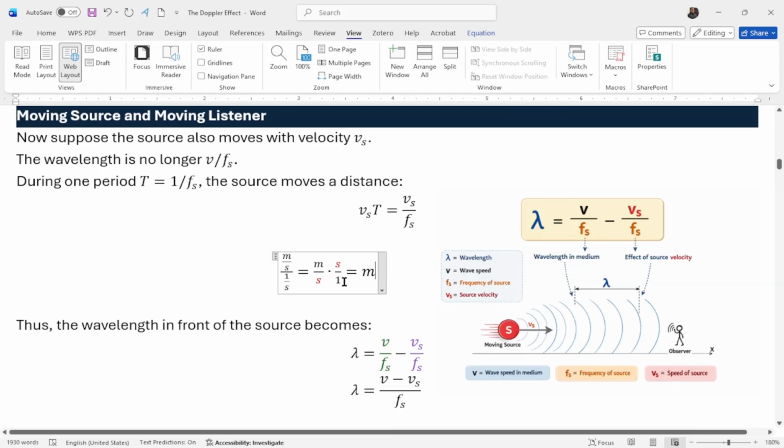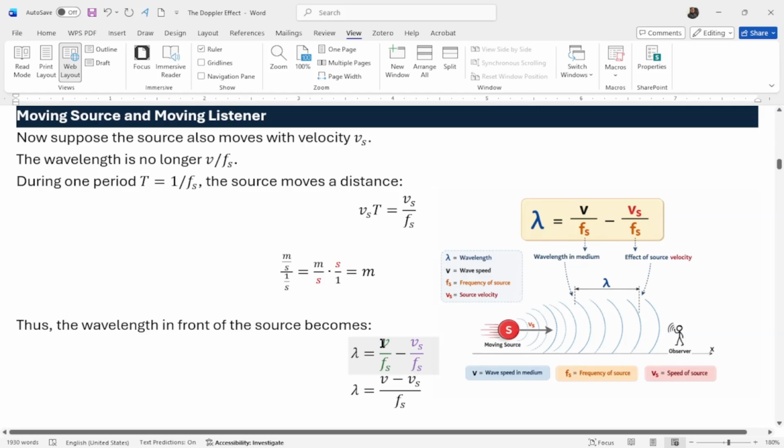So we could now cancel the second, and the remaining unit is meter. Now let's go back. Thus, the wavelength in front of the source becomes v over f sub s minus the v sub s over f sub s.